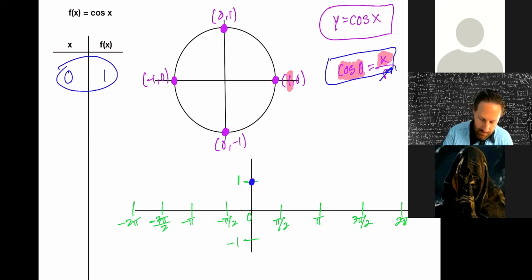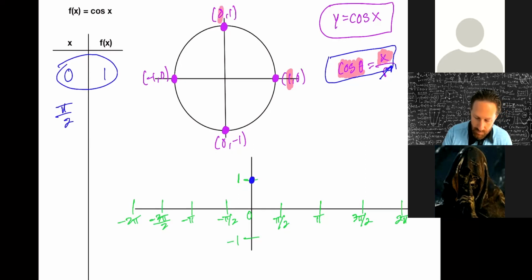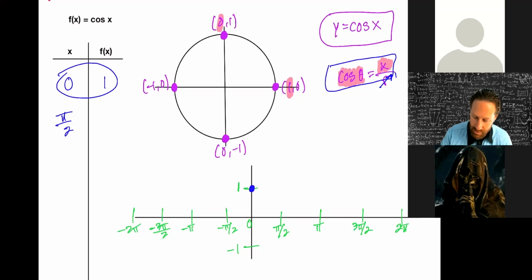Let's go to the next one. Pi over 2. 0. Very good. Because as we mentioned, it's just the x values. And that's why we're not doing the 30, the 45, and 60, even though we should know the cosine of 30 is that length of √3 over 2 for the x.